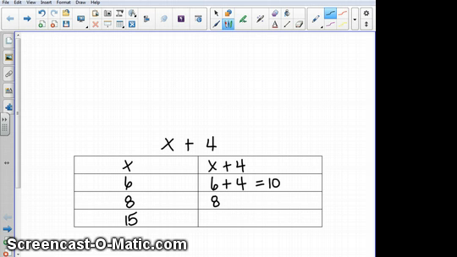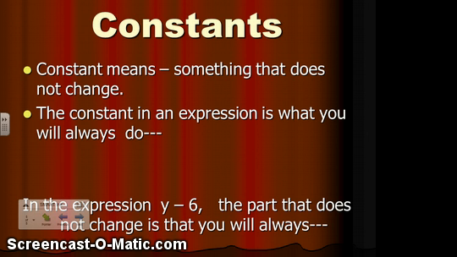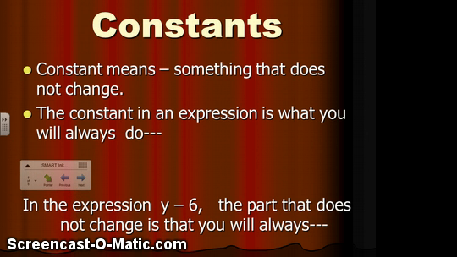We're going to put 8 in place of x plus 4, and that equals 12. And we're going to put 15 in place of x plus 4, and that equals 19. So our answers would be 10, 12, and 19. Okay, so that was an example with variables.